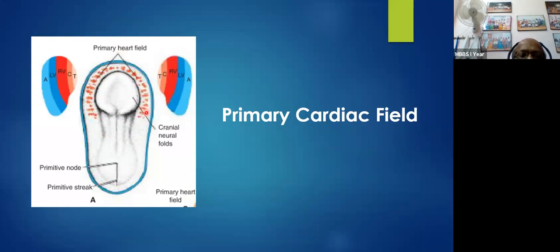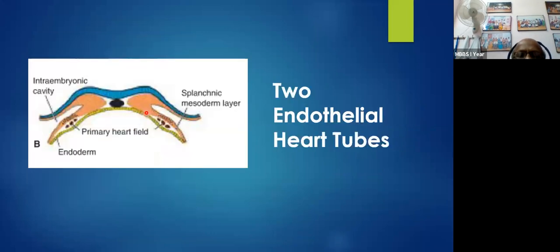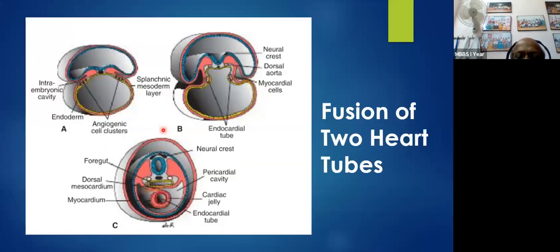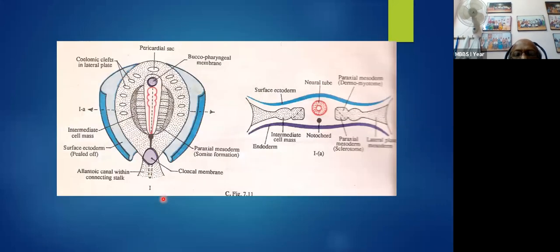Later on from this cluster we have formation of two endothelial heart tubes. Two endothelial heart tubes are formed. During cephalocaudal folding, they are getting fused to form a single tube. This is called endothelial heart tube. Already you know that the lining of blood vessels is called endothelium. That's why it is called endothelial heart tubes.